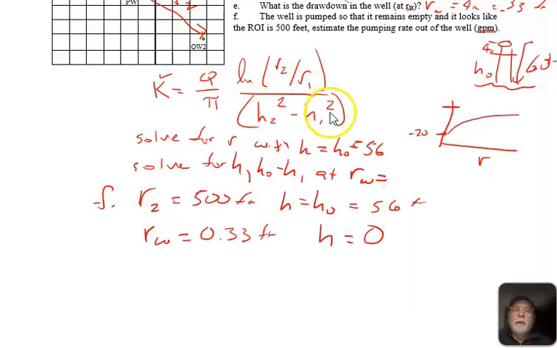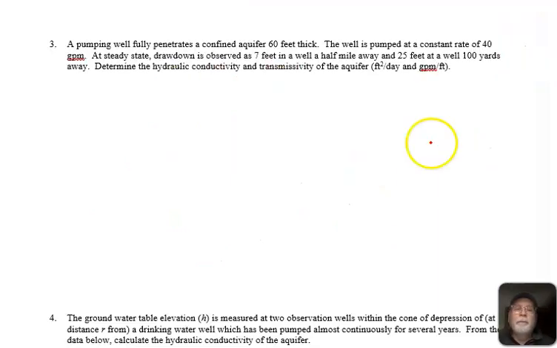Yeah. I can't have an R of 0, but I can have an H of 0, since we square it. So plugging all that in, keeping the same K, solve for Q. Just fun with the equilibrium well equation, putting it upside down and backwards and forwards.